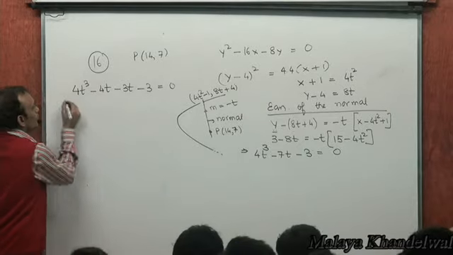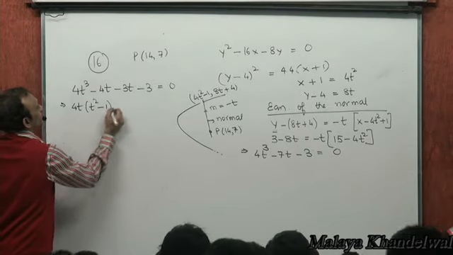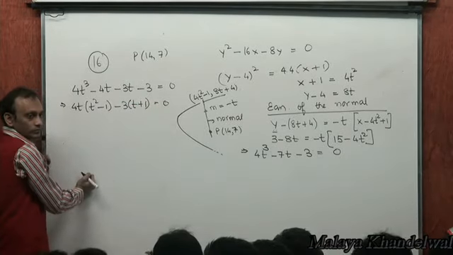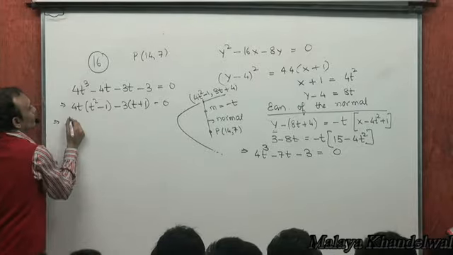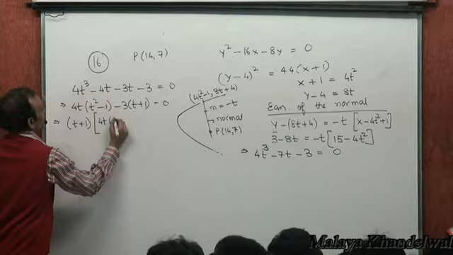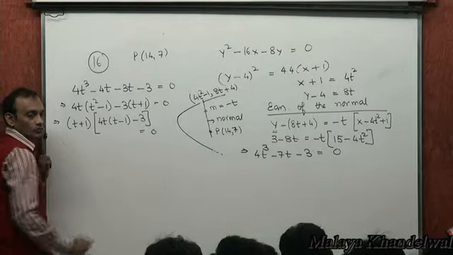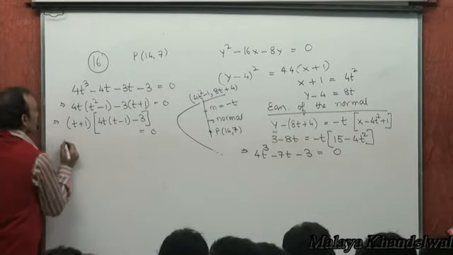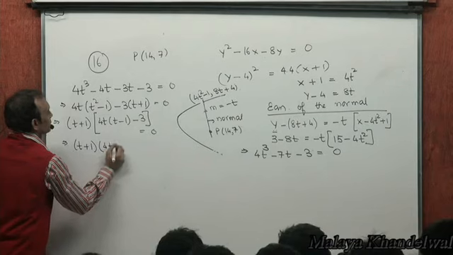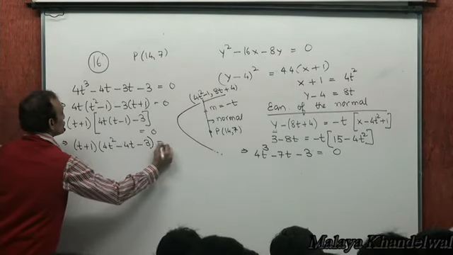Yes or no? Or 4t into (t squared minus 1) minus 3 into (t plus 1) equal to 0. T plus 1, 4t into (t minus 1) minus 3 is 0. Right? Or (t plus 1) into (4t squared minus 4t minus 3) equal to 0.